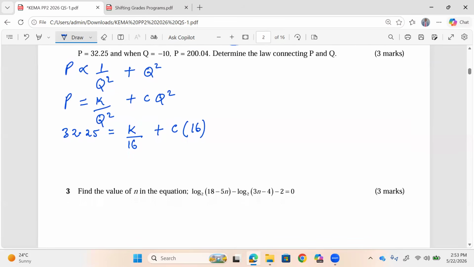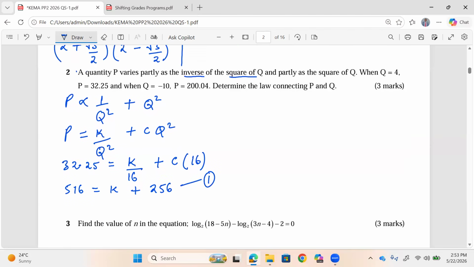For me to simplify equation 1, allow me to multiply by 16 both sides, whereby I get 516. This is equal to K plus 16 by 16, which becomes 256, the value of C. That is equation 1.